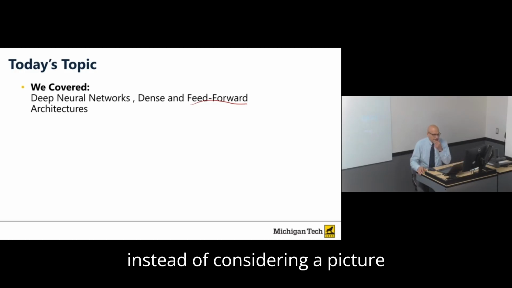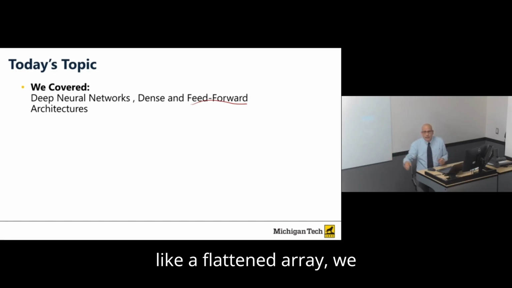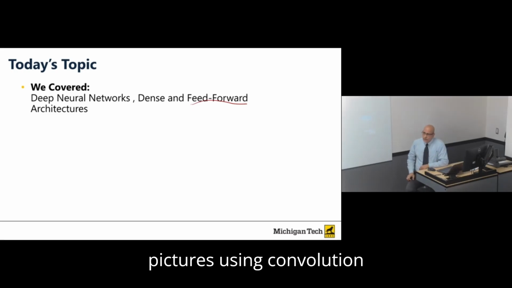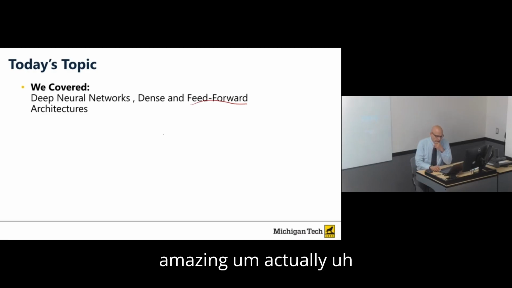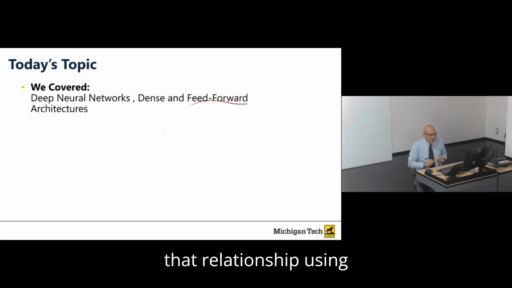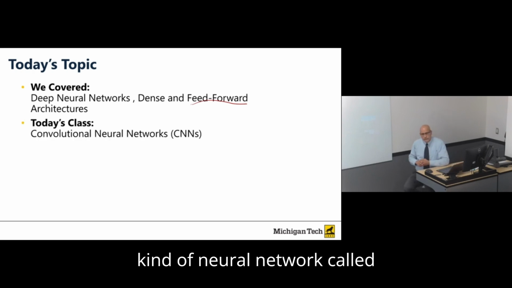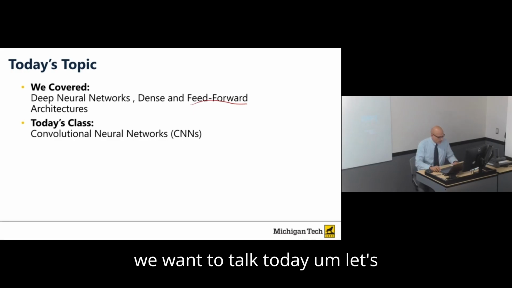Instead of considering a picture as one flattened array, we consider it exactly as a picture and find the relationships within it using convolution. Convolution gives us this amazing benefit of looking at the pictures that are related to each other and finding that relationship from a mathematical point of view. That kind of neural network is called a convolutional neural network, and that's what we want to talk about today.